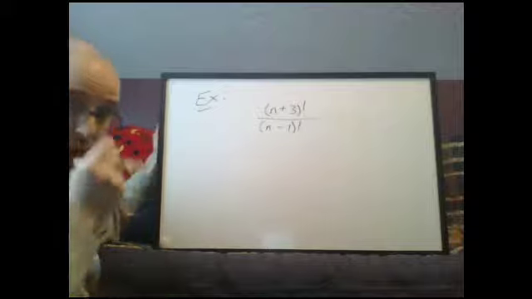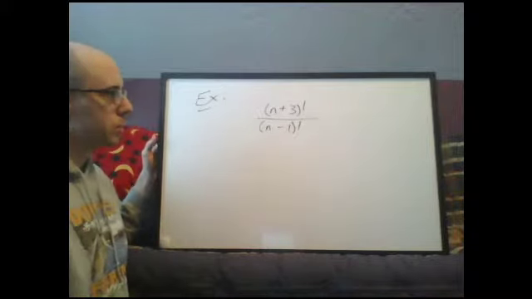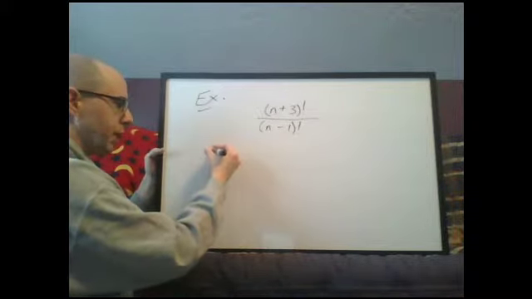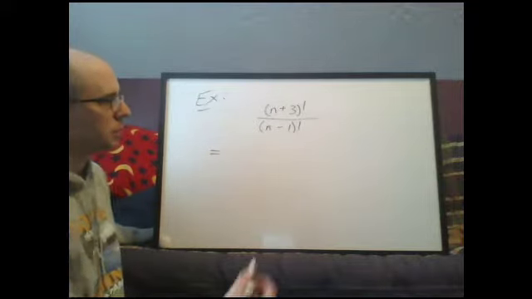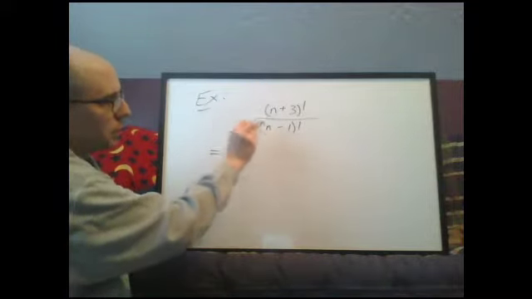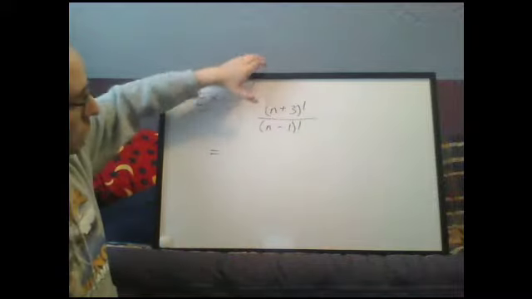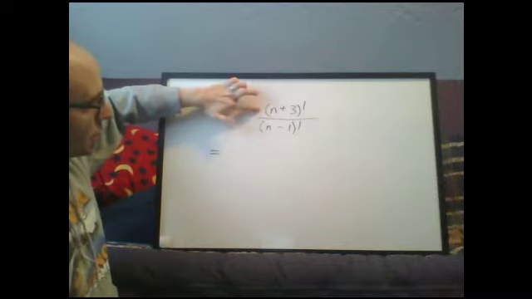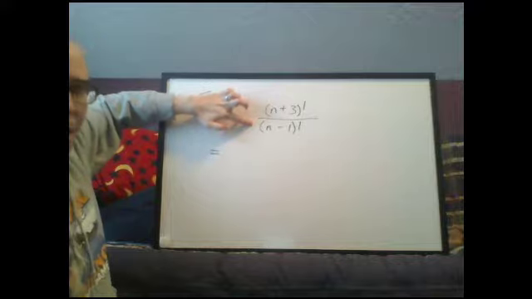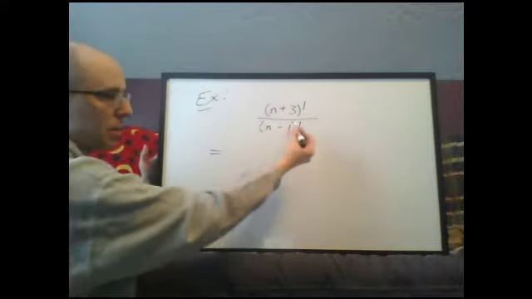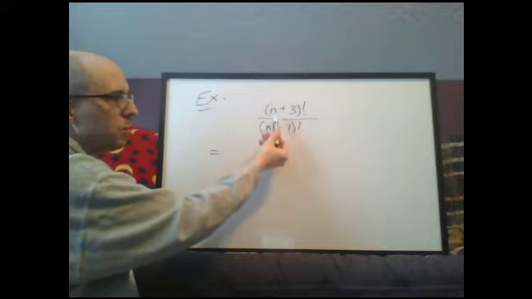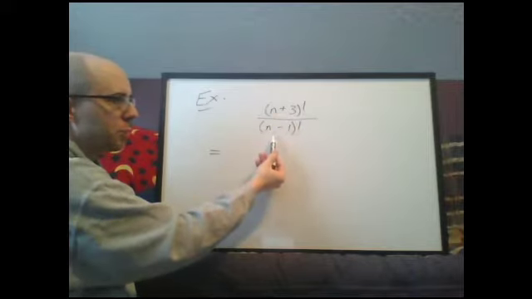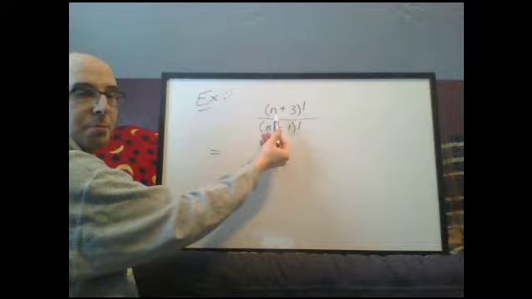So just to do a similar problem, but in a faster way here. So if we're trying to cancel common factors here, they're both factorials. The top one is bigger. So what's going to happen is this top will have everything that the bottom has. So the denominator is completely going to disappear, and we're going to be left with only those numbers which are bigger than n minus 1 and less than or equal to n plus 3.